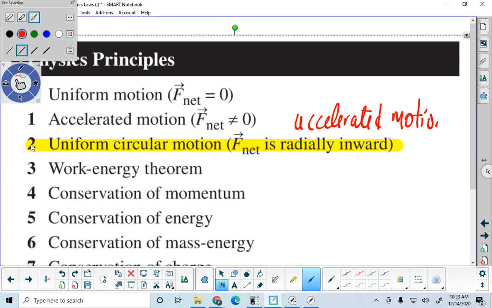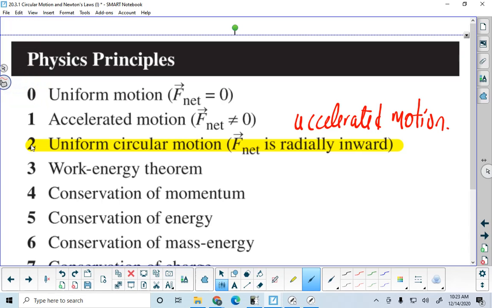So, I've had an argument with Albert Ed about this. Number 1 says accelerated motion. But number 2 is also accelerated motion. We'll come back to this again and again in this course and in Physics 30. It's non-linear accelerated motion. Perfect.